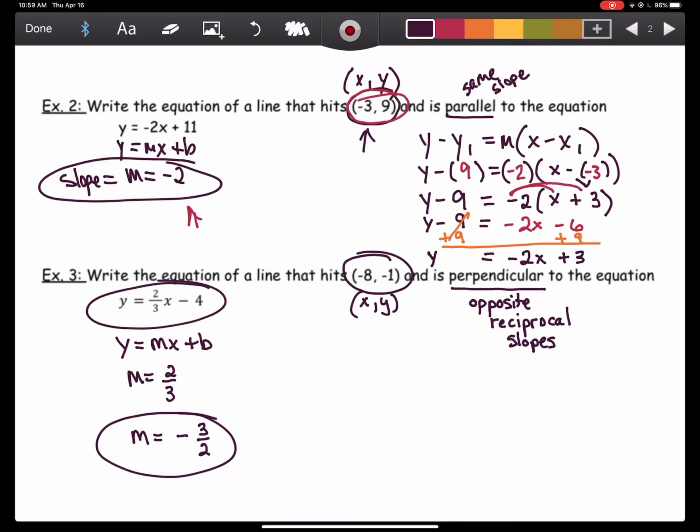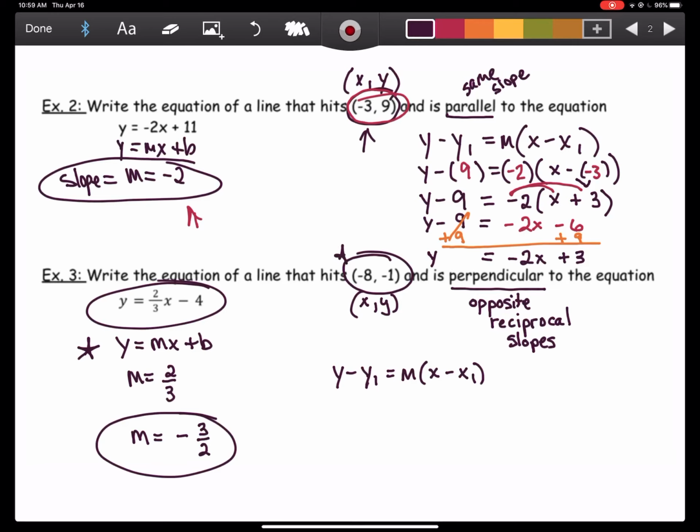So we have, let me try again, y minus y sub 1 equals m times x minus x sub 1. So again, what do I have and what am I trying to end up with? I'm trying to end up with y equals mx plus b.